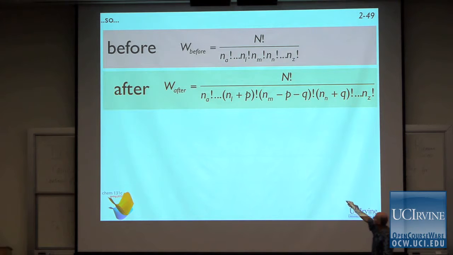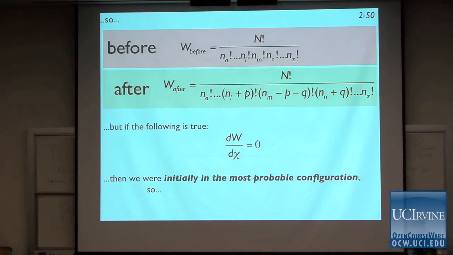We want to consider the case where the before equals the after. We want to find the microstate where, after we do this infinitesimal shift, W doesn't change. That's the whole point. If the rate of change of W with configuration is 0, that means these have to be equal to one another.